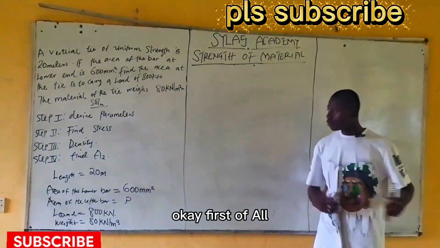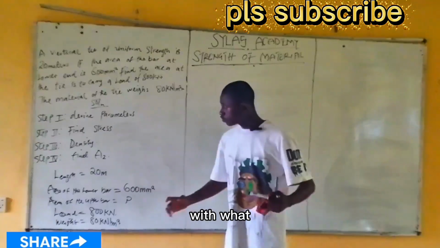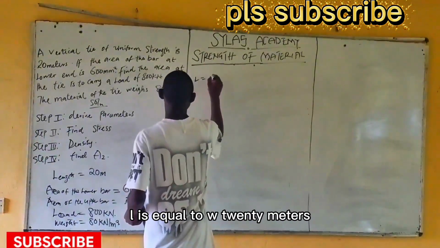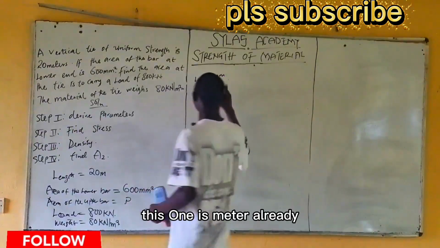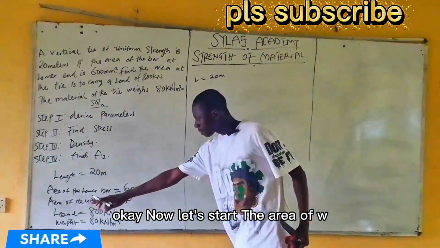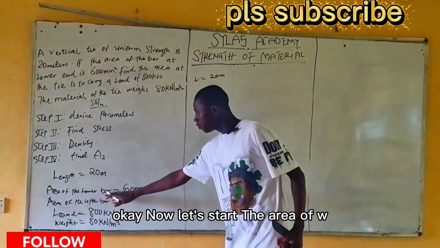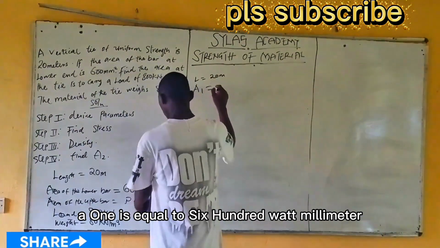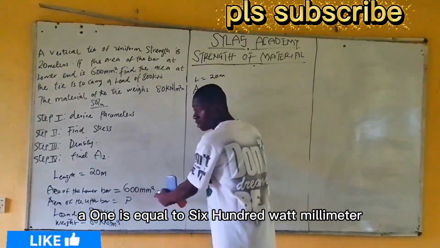First of all, we are going to start with breaking down the units. They say that the length L is equal to 20 meters. This one is meter already, so I'm going to leave it. Now the area, that is the first area A1, is equal to 600 millimeter square.